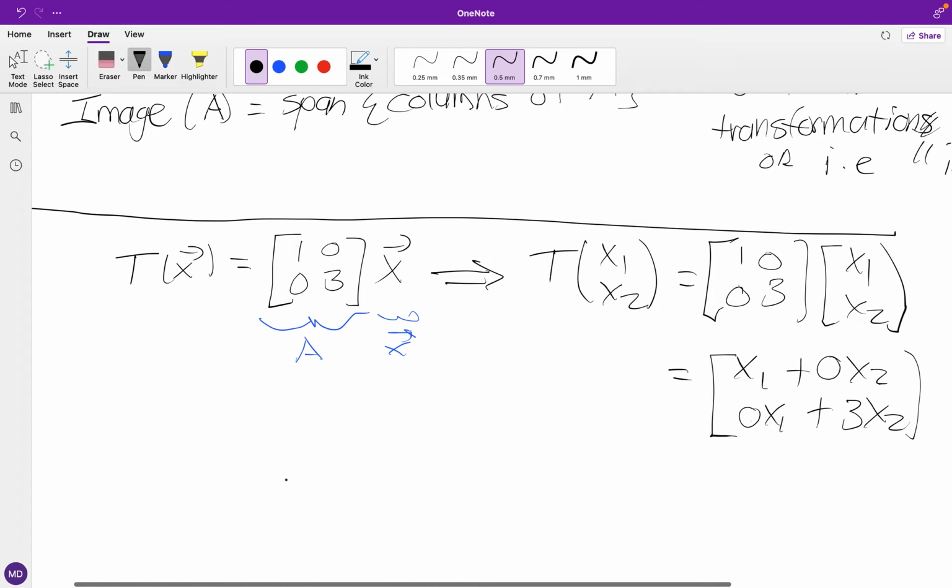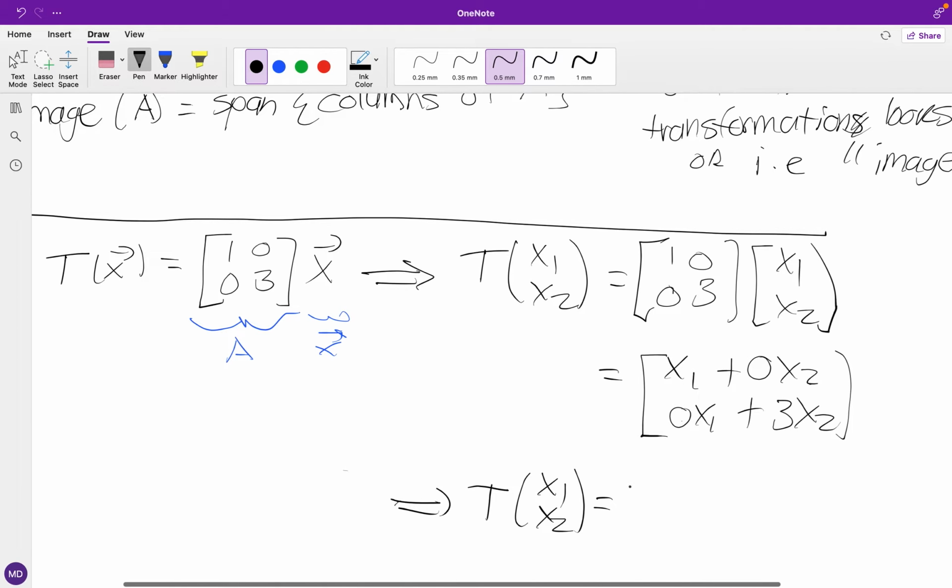So if you rewrite this, you will see that we pass the vector x1, x2 into our transformation, or our function, and we get as an output the vector x1, 3x2. Now, at this point, we can probably get a good understanding of what the transformation is doing. So we pass in the vector x1, x2.